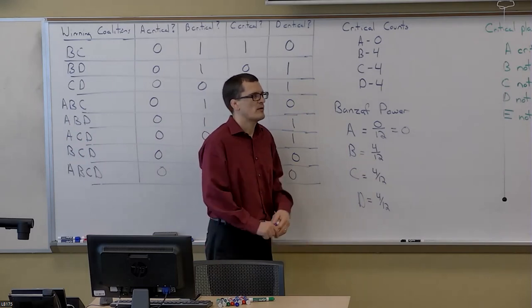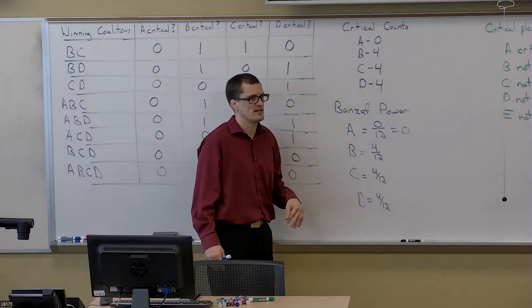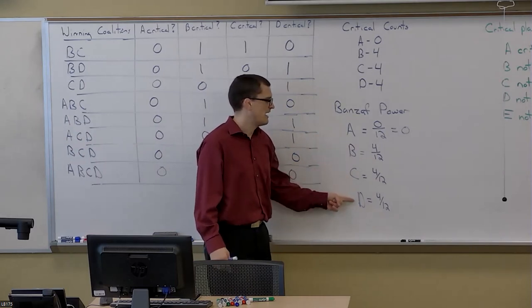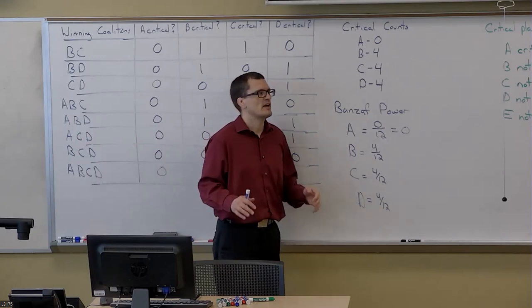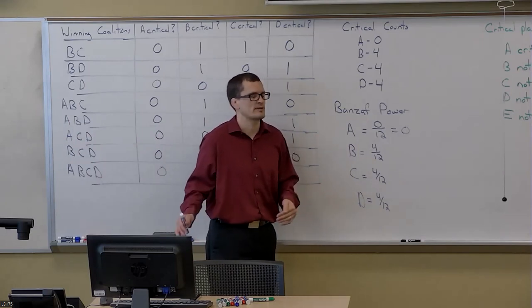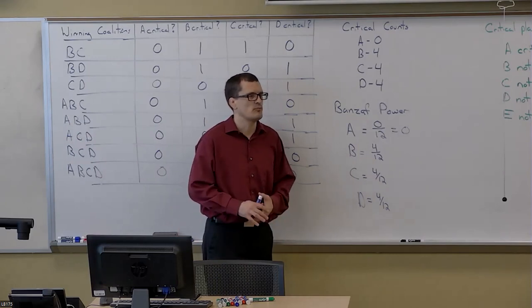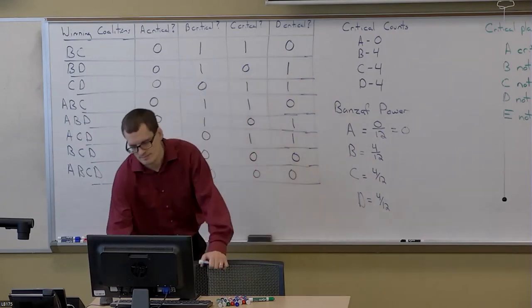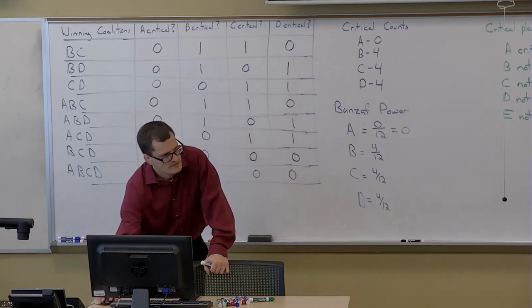By the way, a third is basically like 33.3%, right? So each of these have the exact same power. Roughly, their power is 33.3% of the system. And A has no power in the system. Does that make sense?